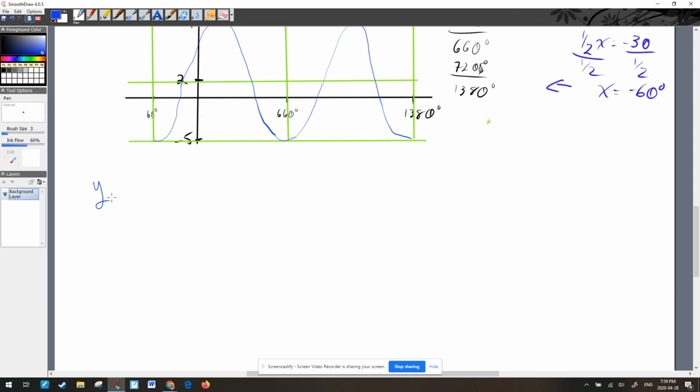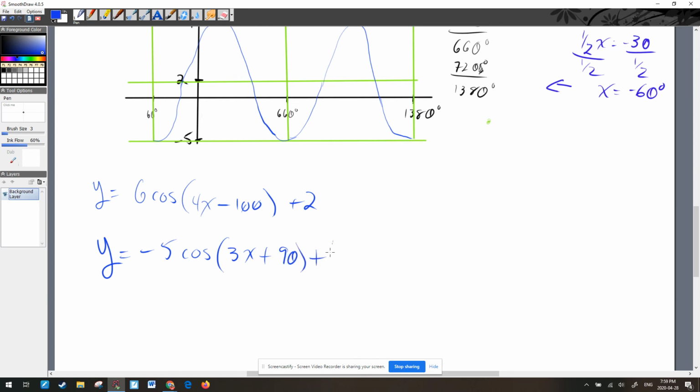So how about we do y equals 6 cosine of 4x minus 100 plus 2. And y equals negative 5 cosine of 3x plus 90 plus 1.